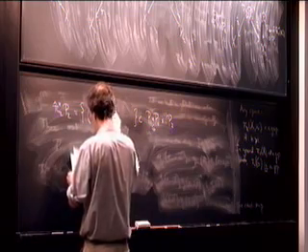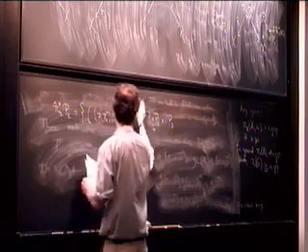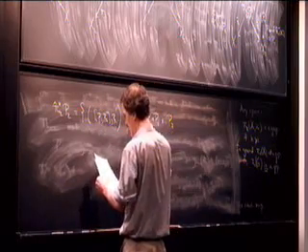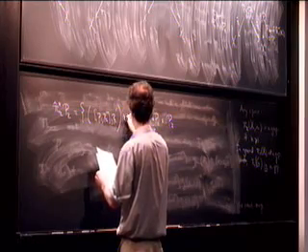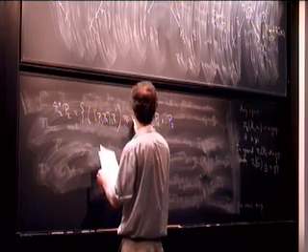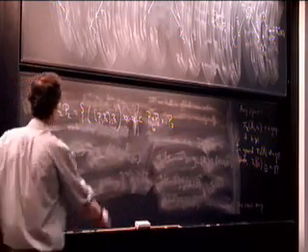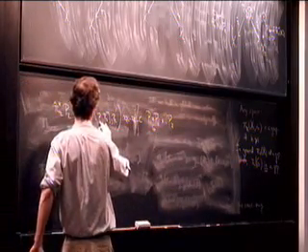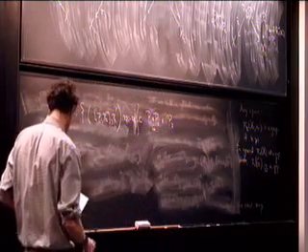So let me write that out. It's this set such that pi 2 of P2 is pi 2 of P2 prime. So here I'm giving you an equivalence class of a pair of points in P1 times P2, and P2 prime.